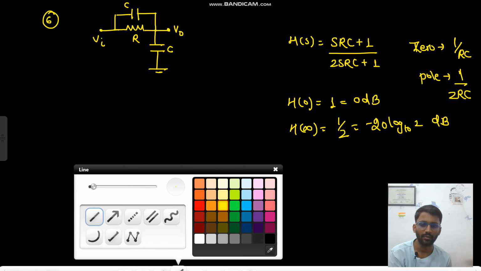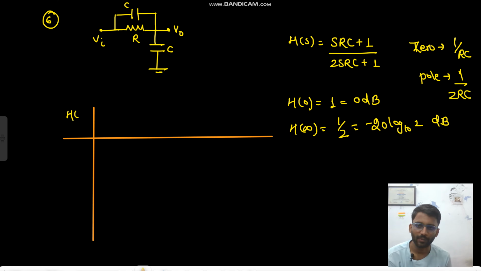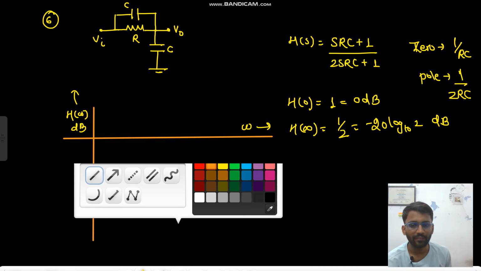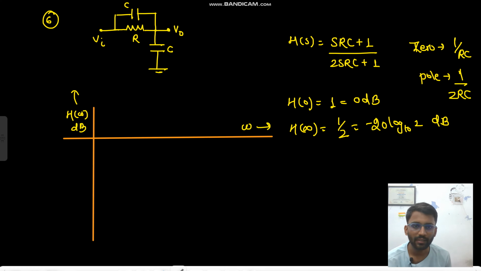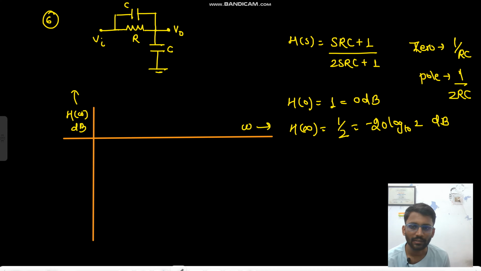Okay, now drawing the Bode plot. H of omega in dB versus omega. First we are having a DC gain of 0 dB, right?